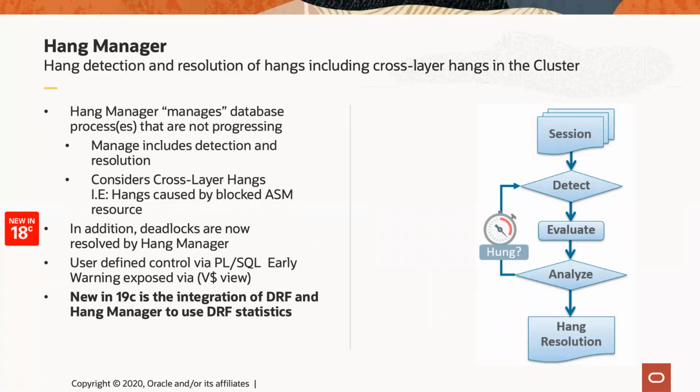Sometimes application developers inadvertently write code that results in deadlocks. Since 18c, Hang Manager can also resolve deadlocks. We do that by looking at all the sessions that are waiting for an event. We apply the hang detection mechanism and evaluate it. Only if we can confirm, then we do a hang resolution.